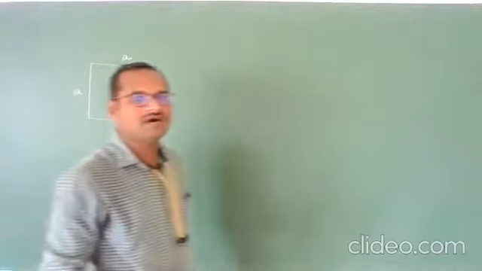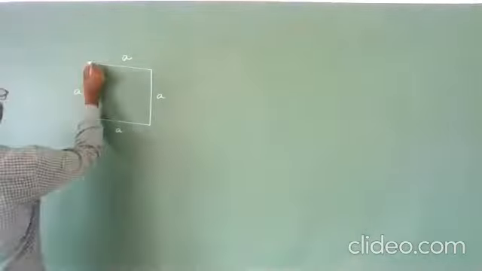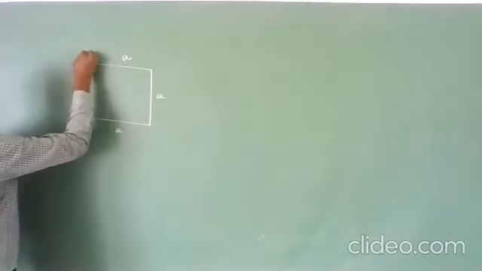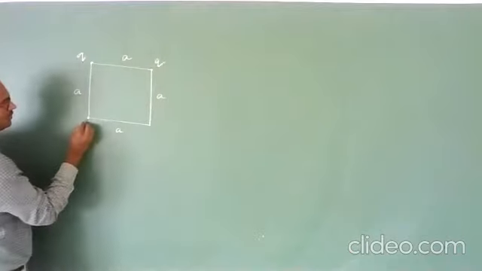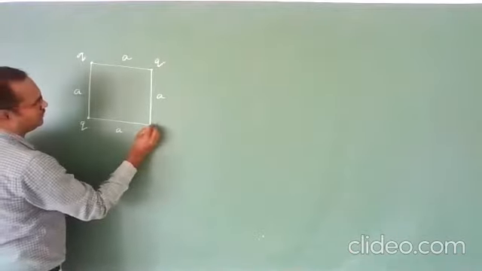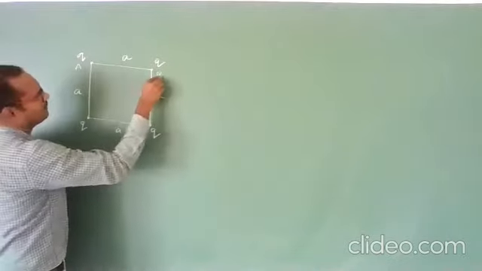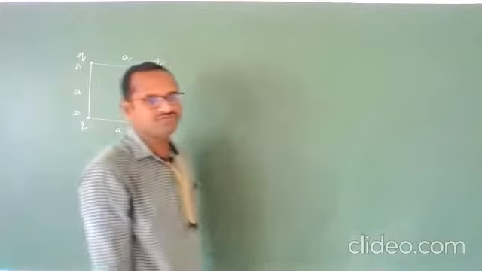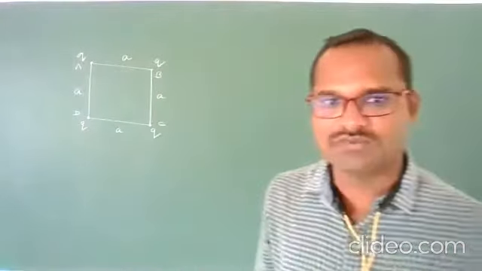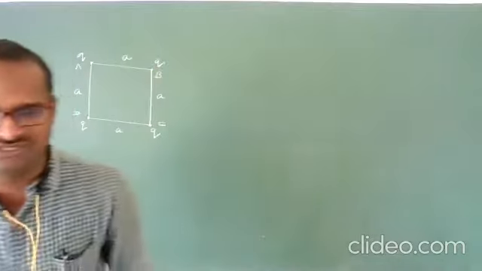On four corners of this square, let us suppose four charges are there: q, q, q, and q. This is corner A, corner B, C, D, and at four corners, four charges equal in magnitude and of the same type are there.